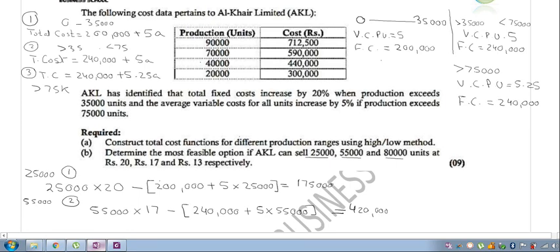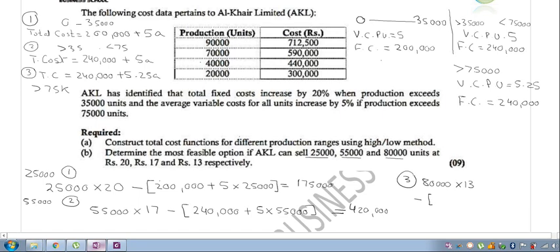Likewise, in the third option, if I am producing 80,000 units, my sales revenue will be 80,000 multiplied by 13 minus the cost. The cost function applicable here will be the third one, since the number of units is more than 75,000.